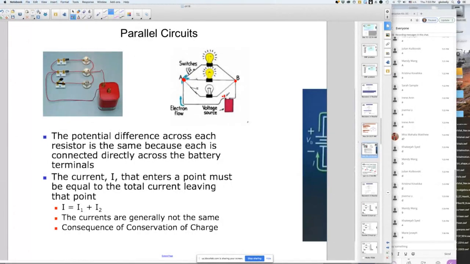This is like the positive voltage terminal of the battery. So they're all connected to this side. So the delta V is the same all the way across. But the currents are different. The current comes up here and splits up in three different paths. Now again, if these are identical bulbs, it'll split up equally.